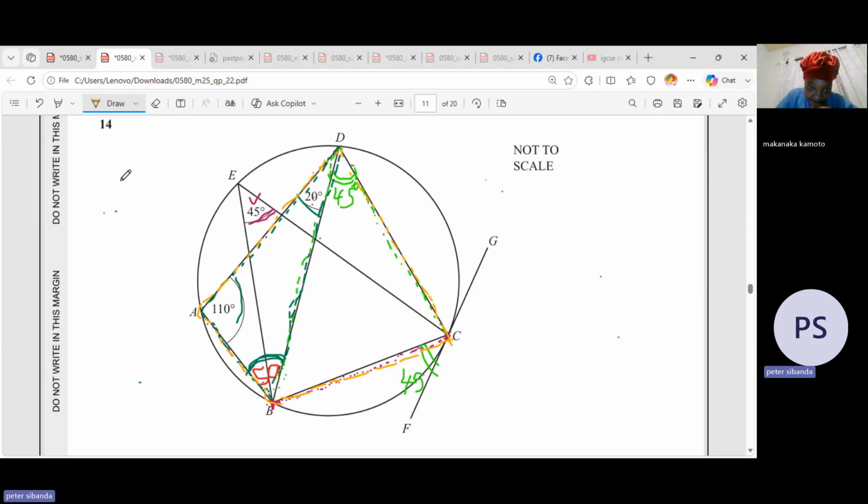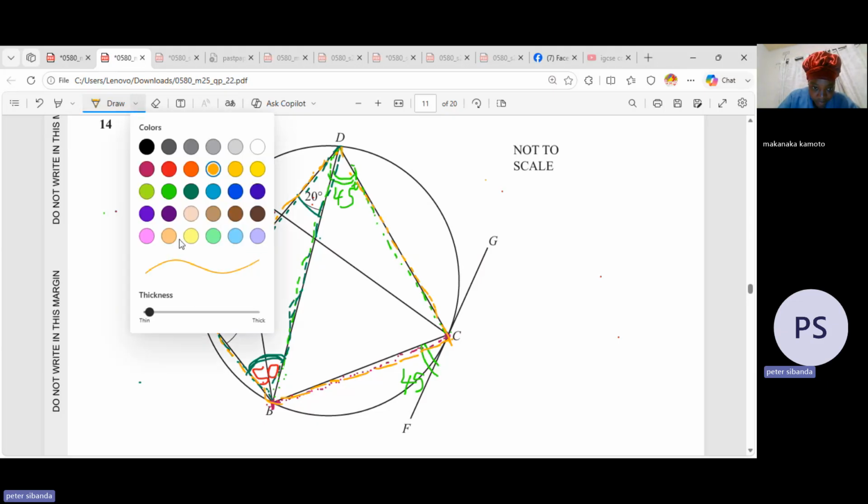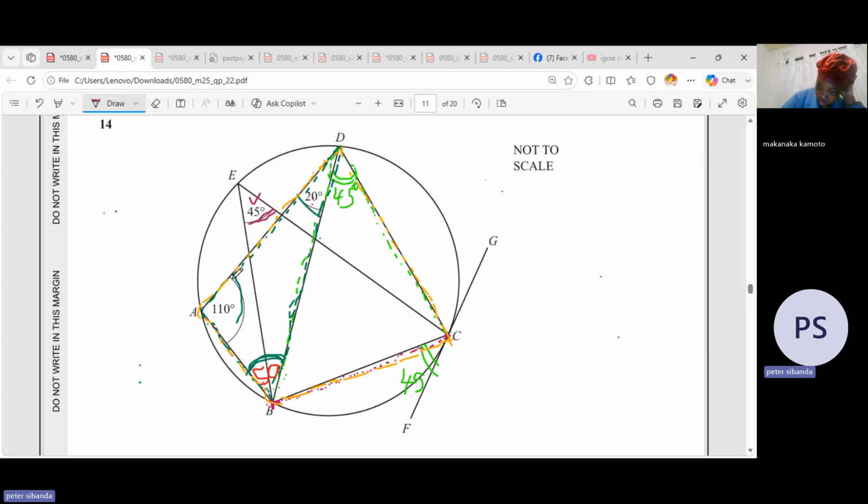Because we know the opposite angle here, the 110, if we go opposite, it is this side. Can you tell us now what this angle is going to be?